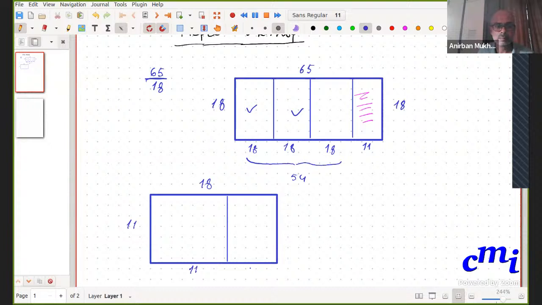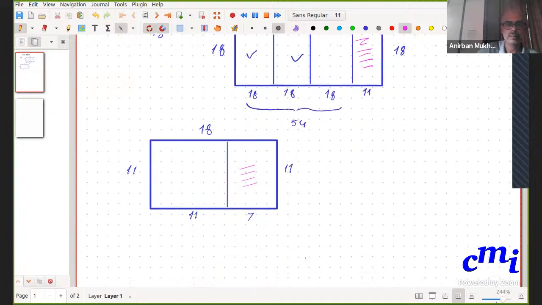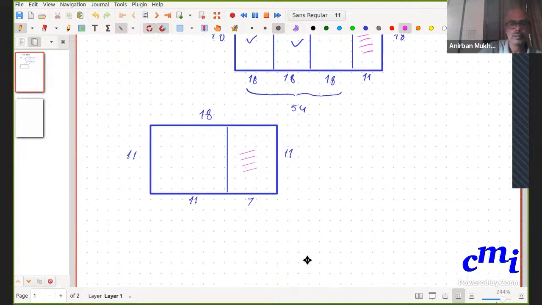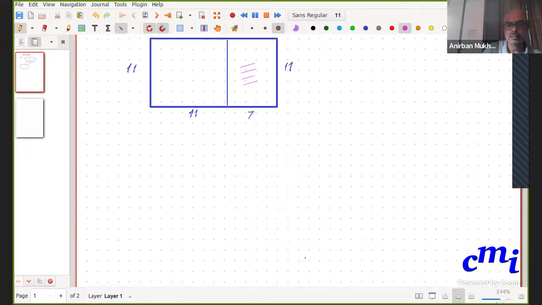And then what I'm left with is 7. So this is a 7 cross 11. This is the remaining rectangle, so I'll mark it with this color. Let me draw the remaining rectangle.